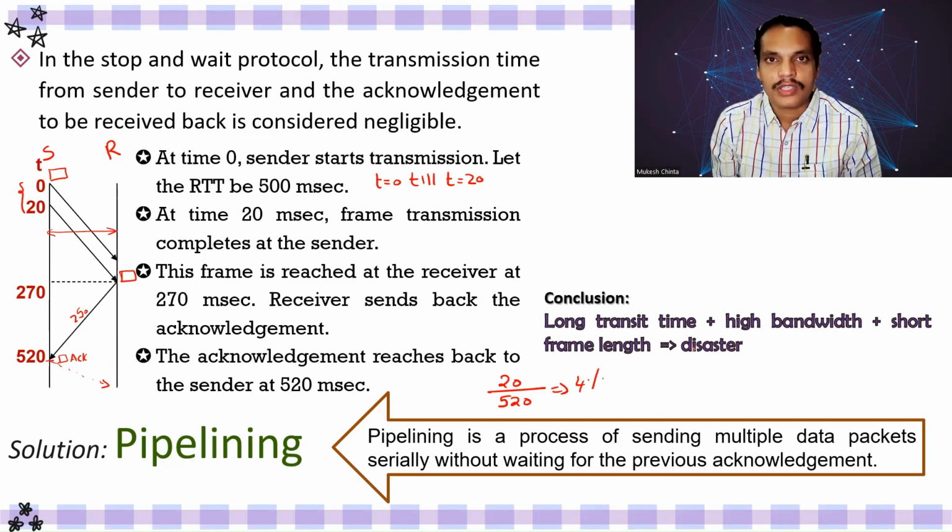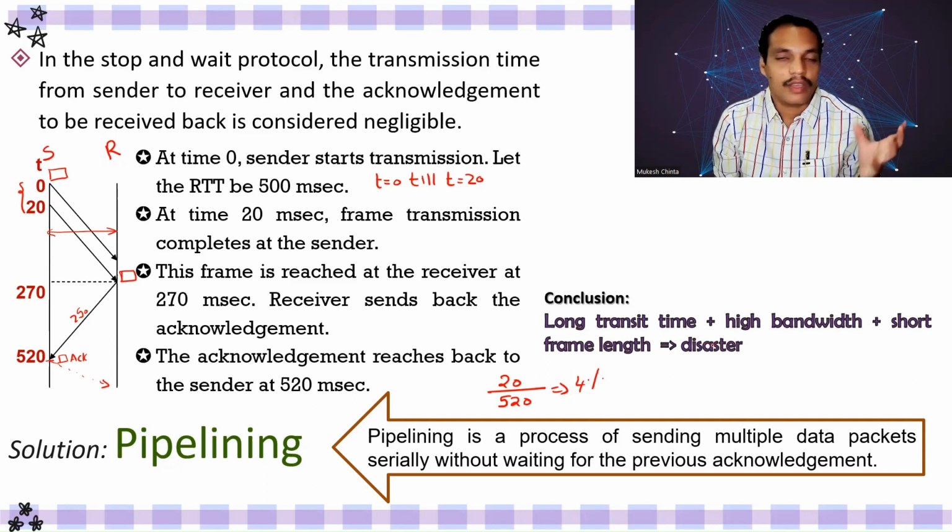What do you mean by this concept? As the name itself suggests, pipelining is a technique where we can make the sender send multiple frames and then wait for an acknowledgement.